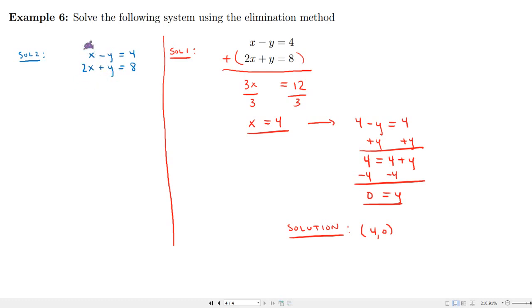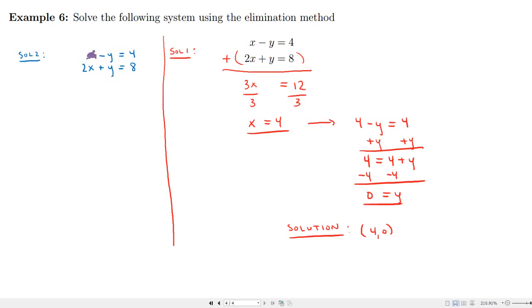I'm going to have to definitely do more work because these coefficients are not the same, but negatives of each other. So what could I do here? I could take this first equation and I could try to make the coefficient in front of x -2.